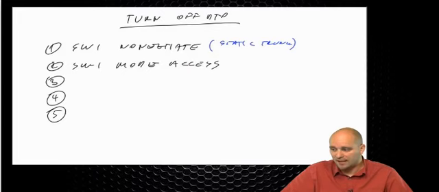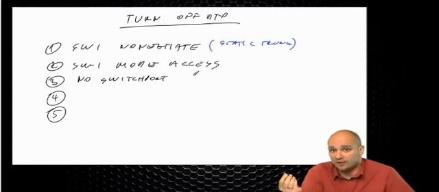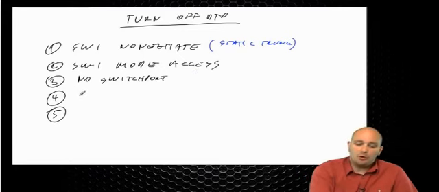So unfortunately, mode trunk is not the answer, but no switchport is. Because if you have a layer 3 interface, the interface is not going to be sending any DTP frames. So that's a correct answer. What else? Switchport mode private VLAN. I'm going to go with yes.